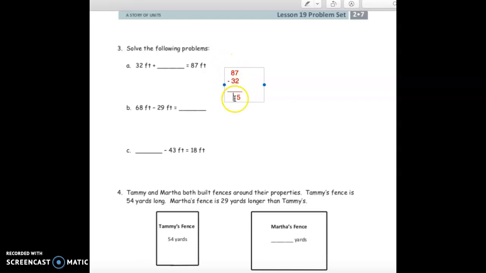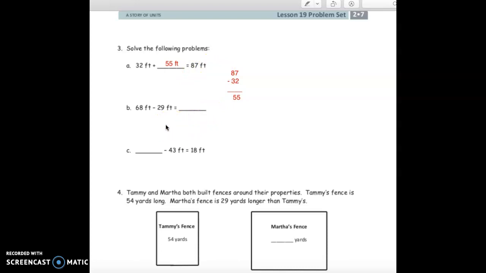Let's look at my tens place. 8 minus 3. 8's a bigger number, so I can do that. 8 minus 3, counting back, 7, 6, 5. So my answer here is 5 in the ones place, 5 in the tens place, 55, and then I'm going to put feet after it because that's what it's talking about. So 32 feet plus 55 feet equals 87 feet.